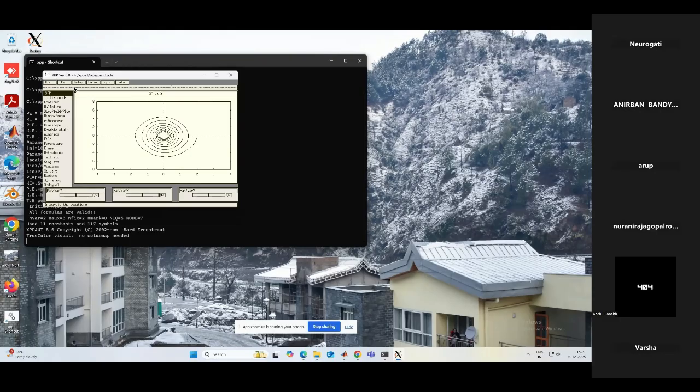See, there are spirals because it's a damped pendulum, and as I told you, you see the equations. Have you got it? Yes, sir.